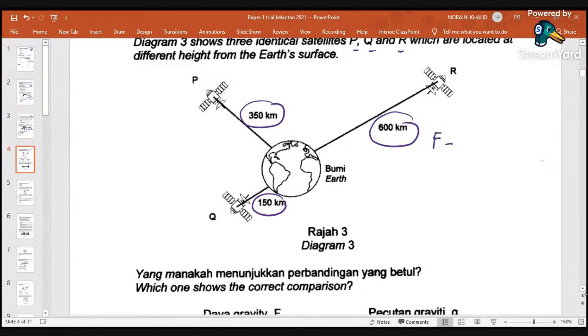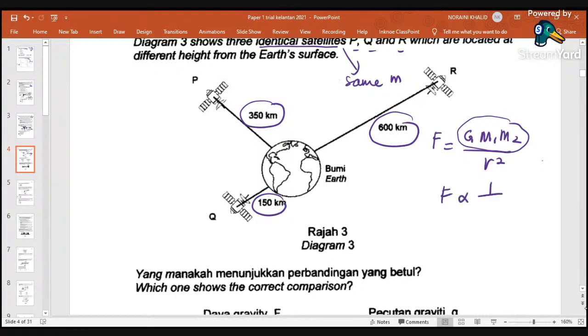Gravitational force, as we discussed, is G m1 m2 divided by r squared. Here, given identical satellites. Identical means same mass, so we can ignore this factor because it becomes constant. The relationship is F is directly proportional to 1 over r squared, or F is inversely proportional to r squared.